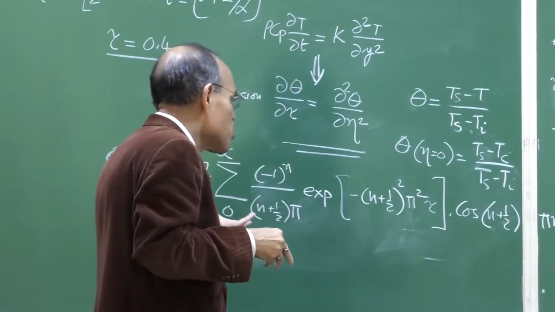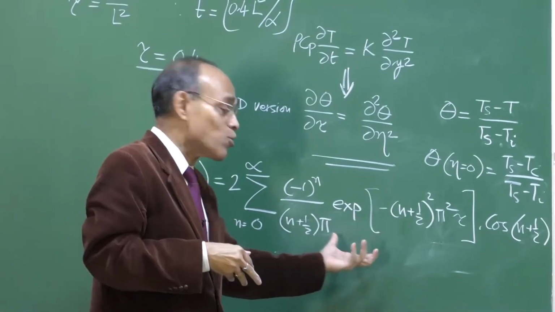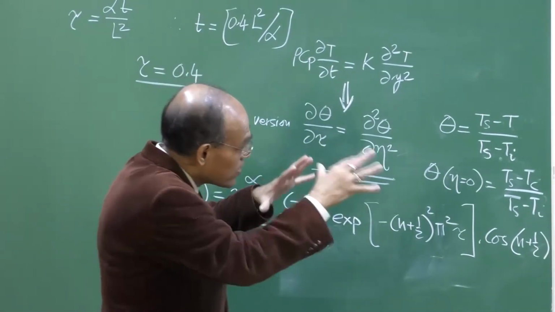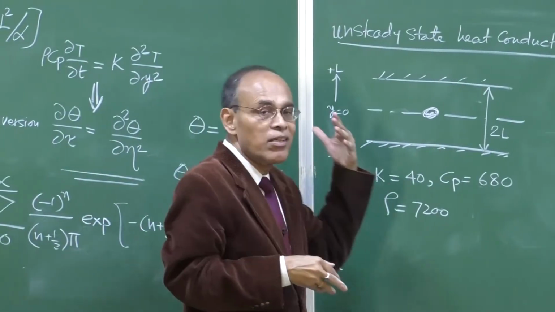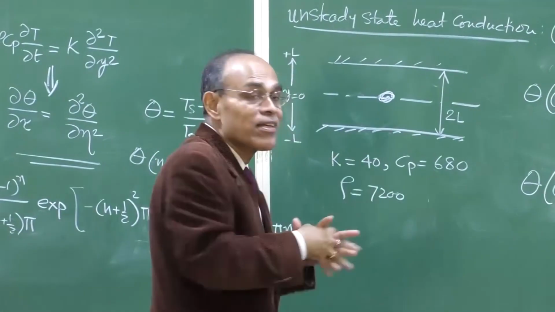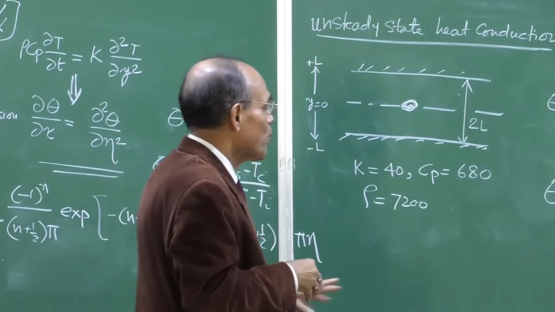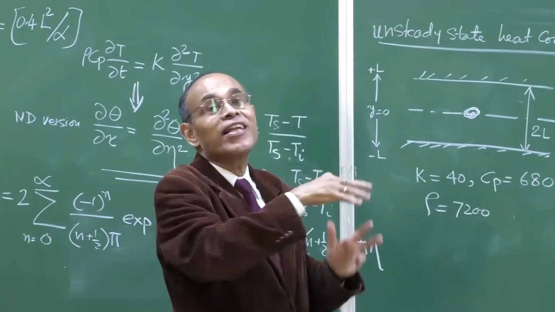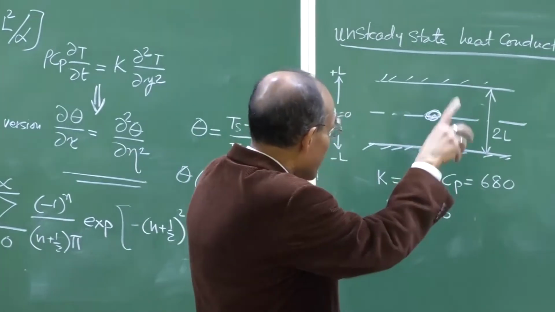So, when we have slab geometry, of course, we have the Heisler chart, but we can start with this equation also, do not get scared. Understand the problem, set the boundary conditions correctly and so on and so forth. But in the case of cylindrical and spherical geometries, as I have indicated, you will be provided the Heisler chart rather than the solution of the governing equations, and you should be able to read the Heisler chart properly, because I cannot draw the Heisler chart here.